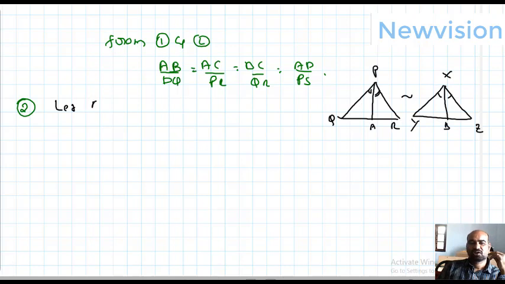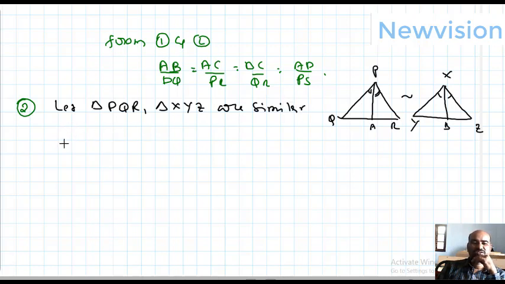I will write: let triangles PQR and XYZ be similar. Next, PA is the bisector of angle QPR and XB is the bisector of angle YXZ.